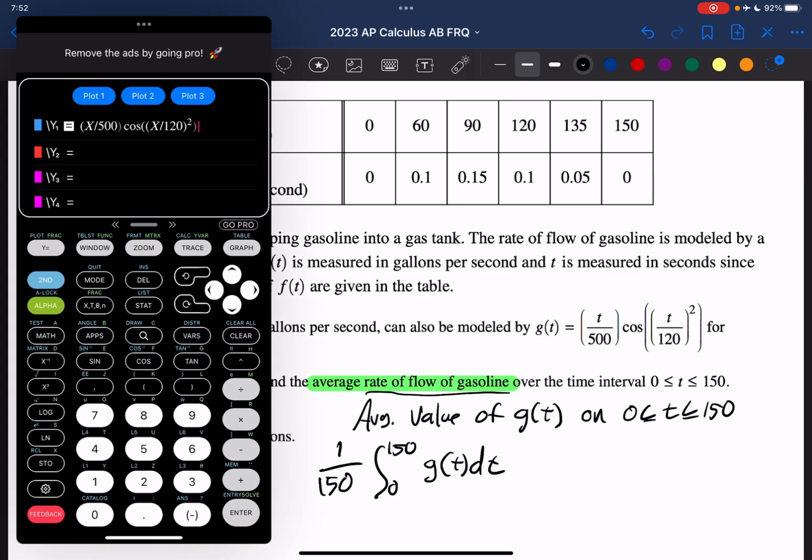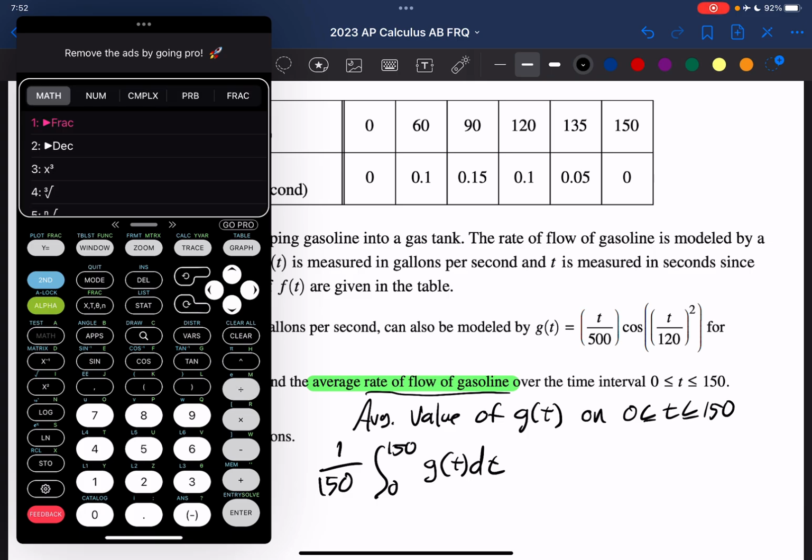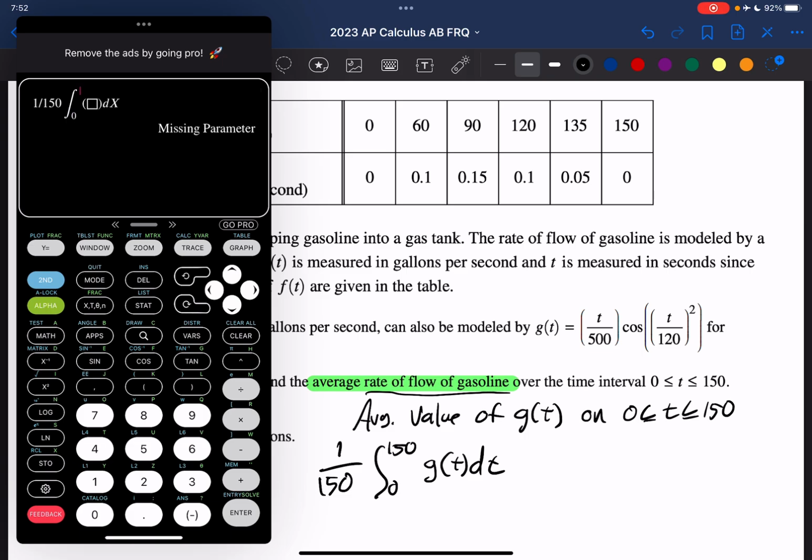All right, so I have the function stored right here on my calculator, and it is in radian mode. So we have 1 over 150 times the integral from 0 to 150, and that's stored in y1.